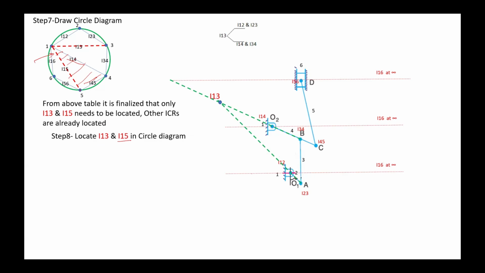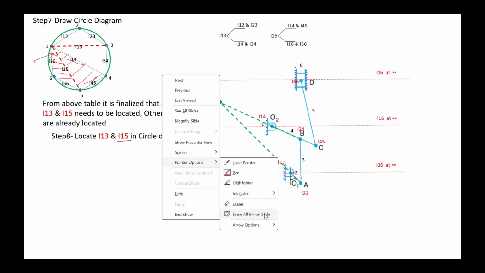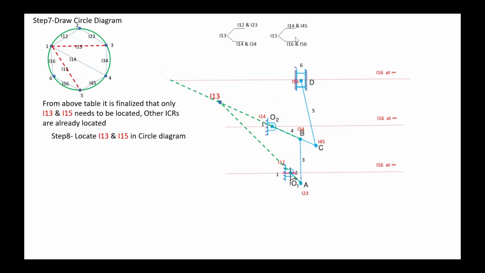Another triangle is here, by the sides 1, 6 and 5, 6. So the ICR 15 will be in line with, by these two triangles, the 1, 4 and 4, 5 triangle and the 1, 6 and 5, 6 triangle sides.